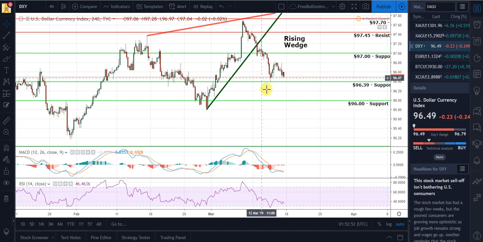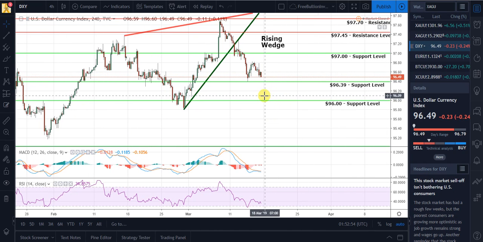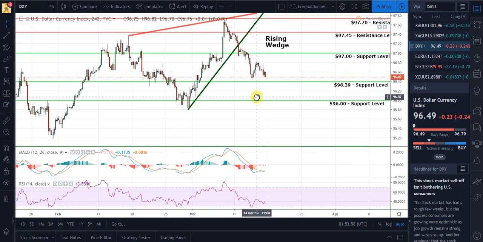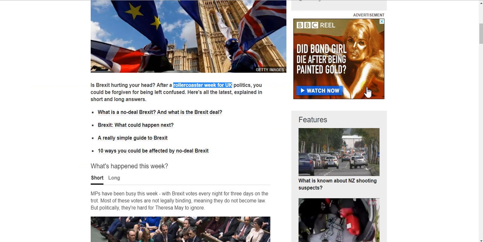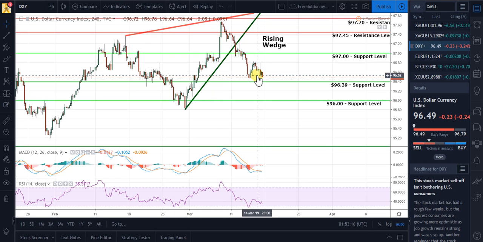So that basically told the Fed at their next meeting, which will be coming up on March 20th of next week, that they don't need to raise rates, which nobody's expecting them to do in the first place, but it just helped the dollar to fall in price early in the week. Now, we also had the Brexit votes that also helped the dollar to fall in price.